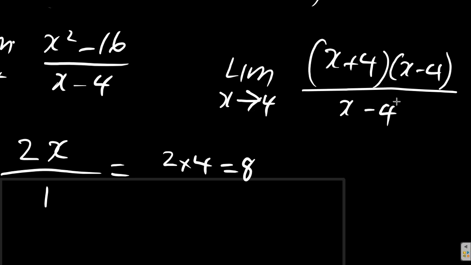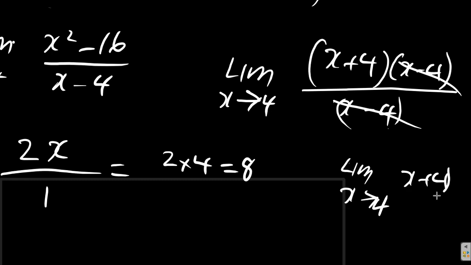Now, notice x minus 4 cancels x minus 4. So we have the limit as x tends to 4 of x plus 4, and when you substitute, 4 plus 4 equals 8, the same 8 that we got when we used L'Hopital's rule.